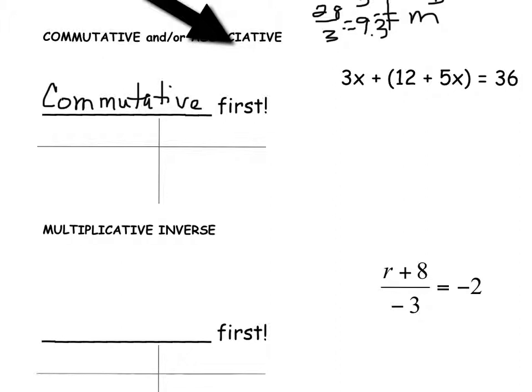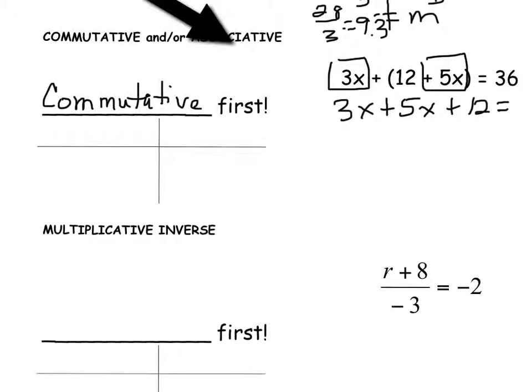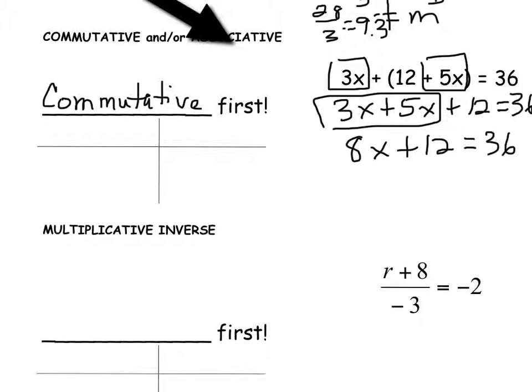So with that being said, if I box up 3x plus 5x, my equation is going to now look like this. I'll go ahead and add 3x and 5x, which gives me 8x plus 12 equals 36.